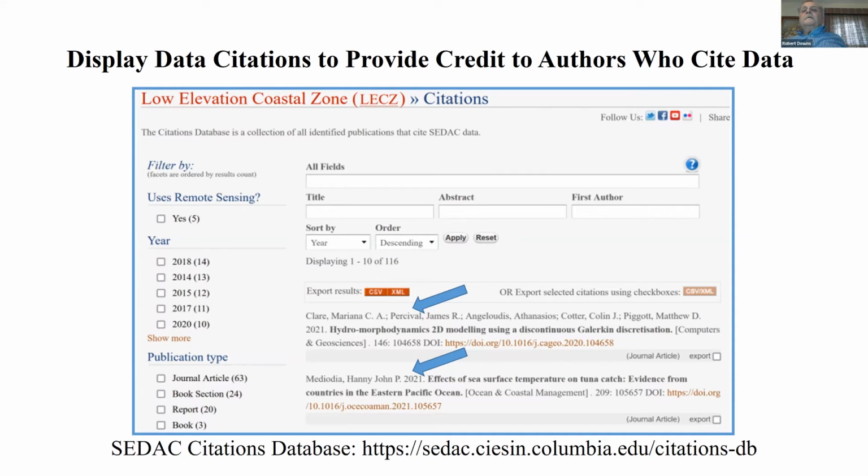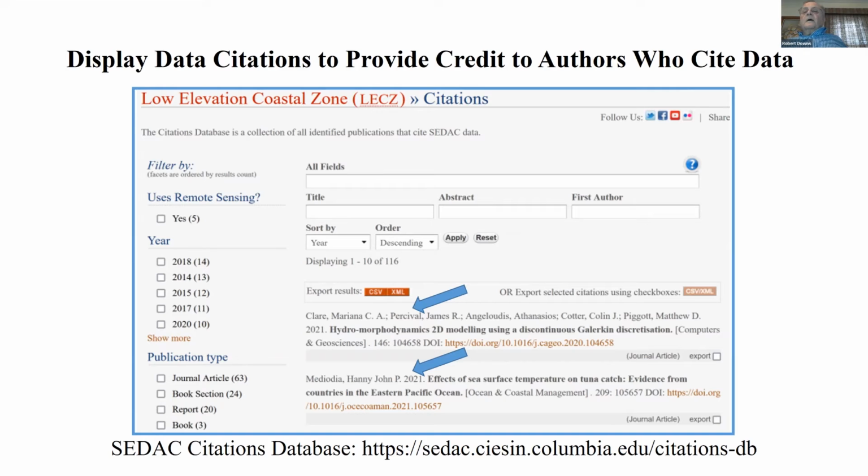People can be identifying a particular article that cited data, either getting from the data set itself or doing searches on this database, and they can look at different types of publications, such as articles or book sections, etc. And so by having this public information about these citations, those who are citing the data are in fact being referenced here as well.